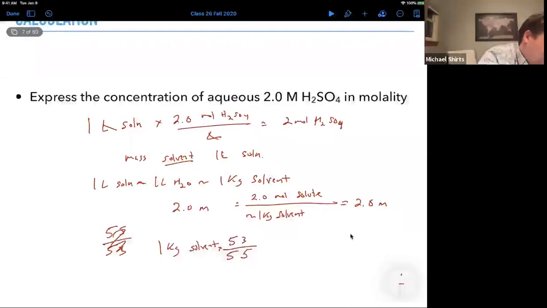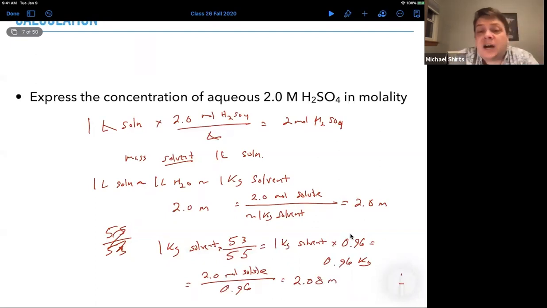So that's about 1 kilogram of solvent times 0.96, which would be about 0.96 kilograms. And so that would give us 2.0 moles of solute divided by 0.96, which gives us 2.08 molal.